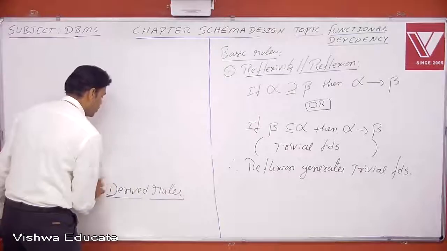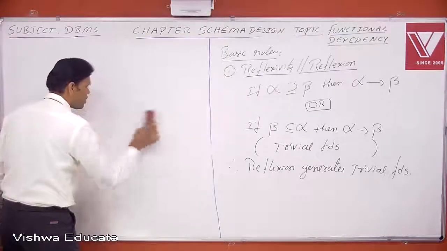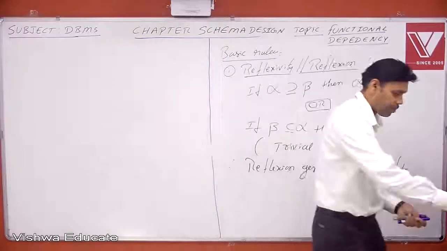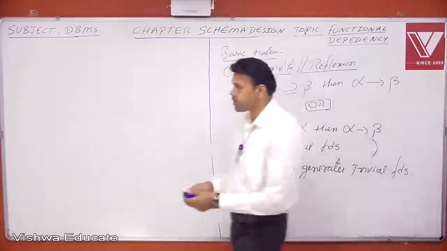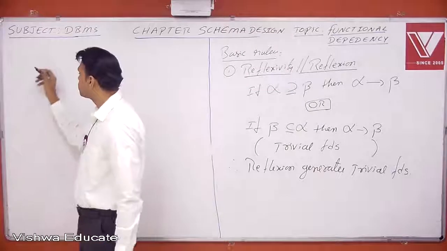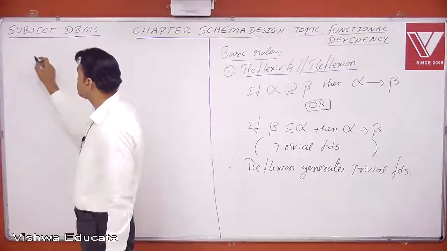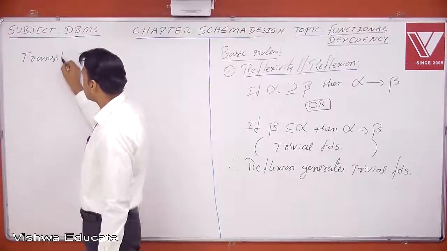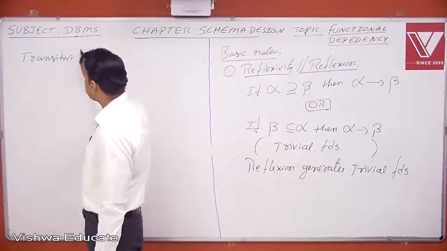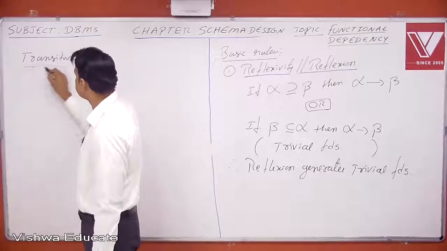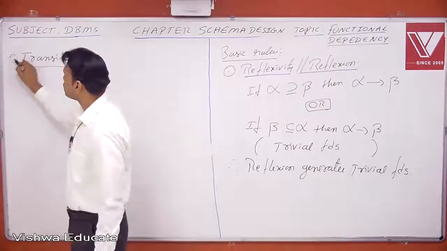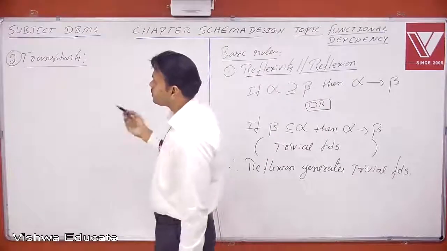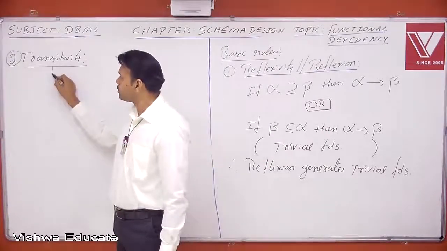Now we will see the second rule of the basic rules, or sound rules. The second rule is transitivity. Okay, so it is a very easy rule. What is that?